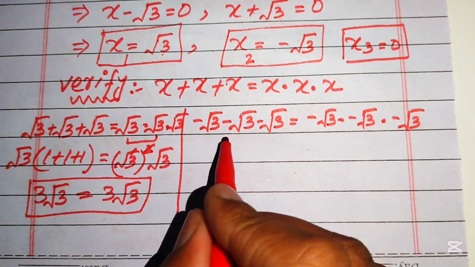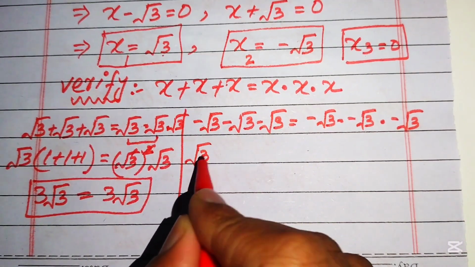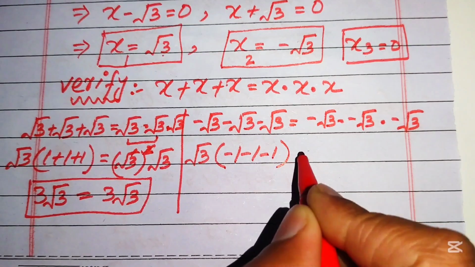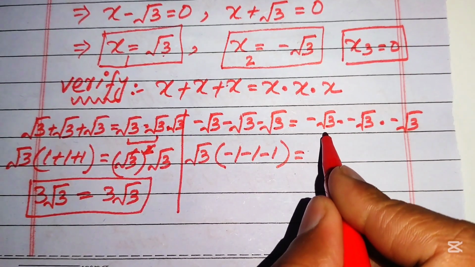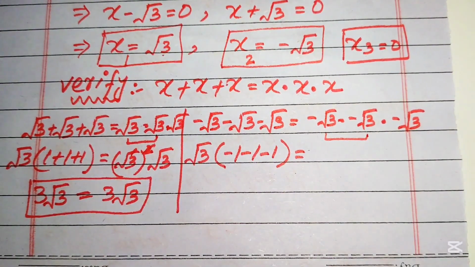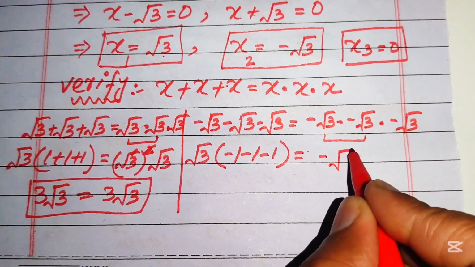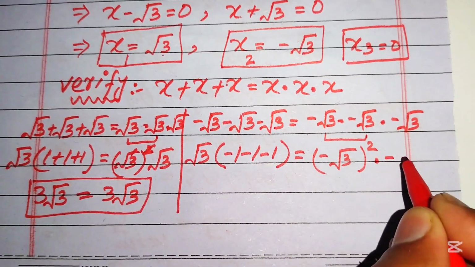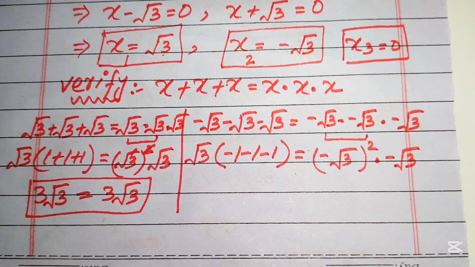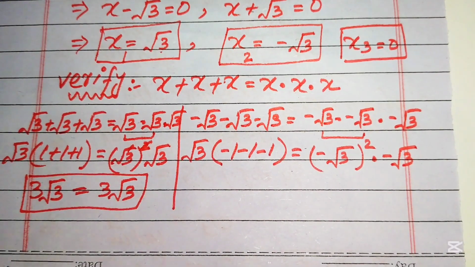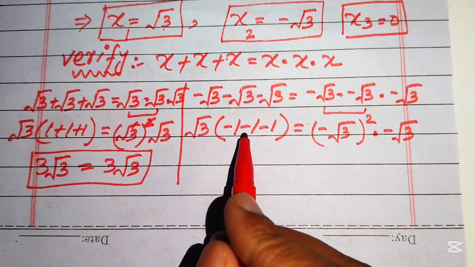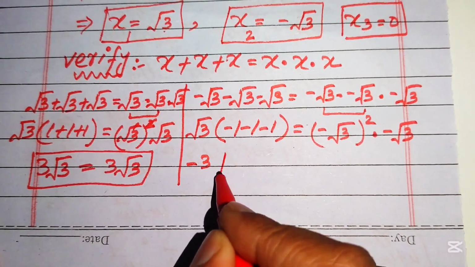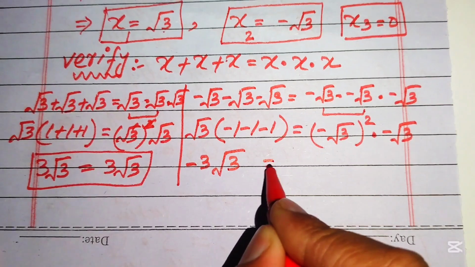Here again square root of 3 is the common term, so the remaining terms are minus 1 minus 1 minus 1. Similarly on the right side, when you multiply these two values, it will be written as minus into square root of 3 whole squared, multiplied by minus into square root of 3. When you add minus 1 three times, it will be written as minus 3 into square root of 3.